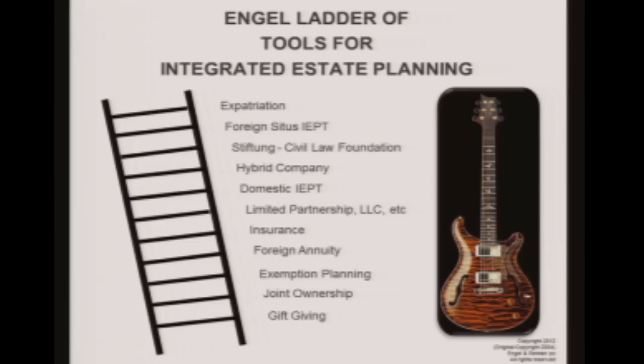Going up the ladder, limited partnerships, domestic, and LLCs, of course, domestic integrated estate planning trust, the hybrid company, the foundation or civil law foundation, the better tools, and then, to me, the best at the top, the foreign situs integrated estate planning trust, and then probably the granddaddy of them all, expatriation.